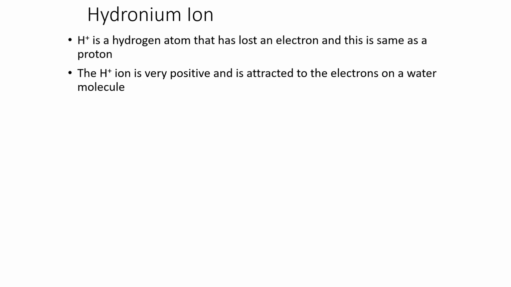Now, I said that acids produce H plus. So for example, say if we had some HCl and we threw it into water, it's going to be making H plus and some Cl minus. When we go on and talk more about acids and bases, we're going to talk a lot about this hydrogen ion. This hydrogen ion comes from the dissociation of HCl or whatever acid we're working with.